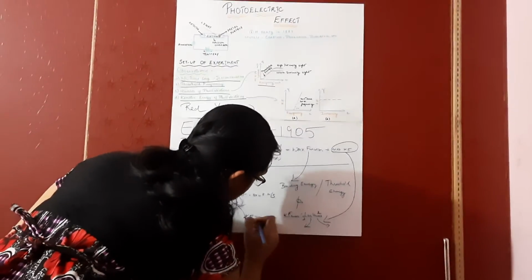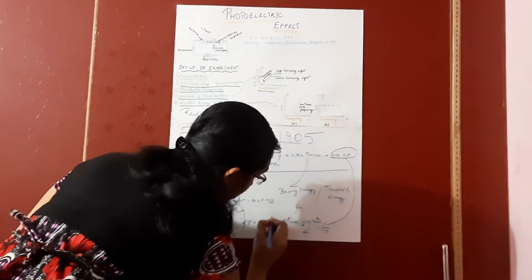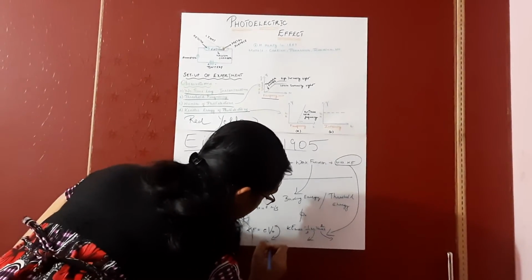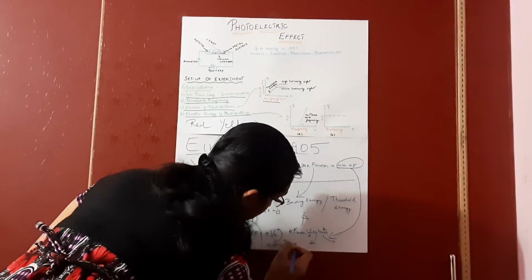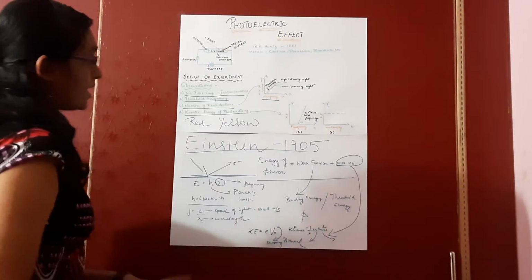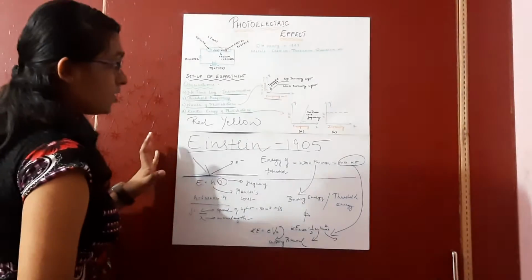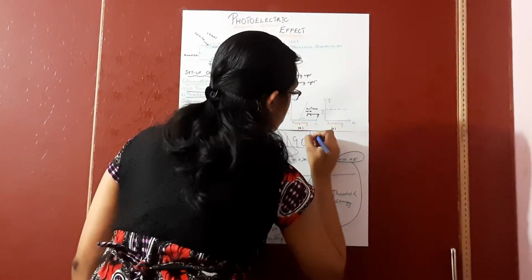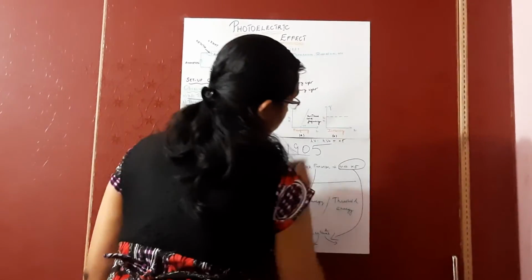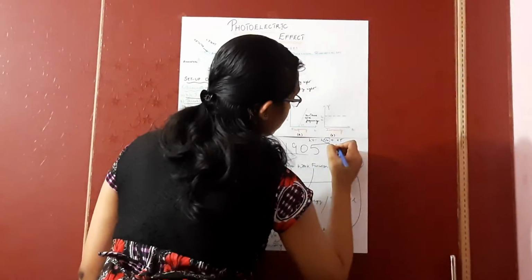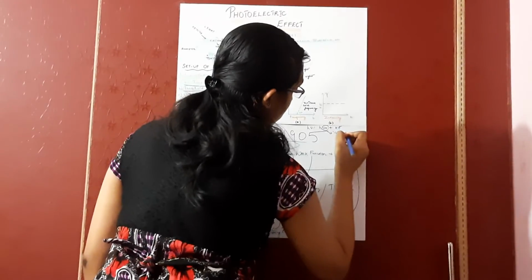Kinetic energy can also be represented by e V naught, where V naught is your stopping potential. So hence, Einstein's equation is h nu is equal to h nu naught plus kinetic energy, where nu naught is your threshold frequency.